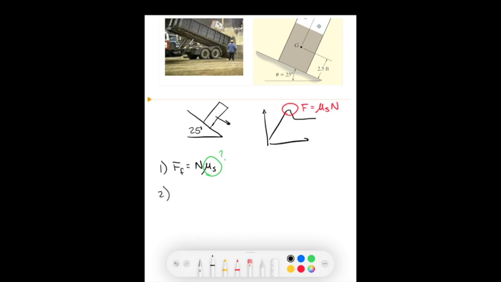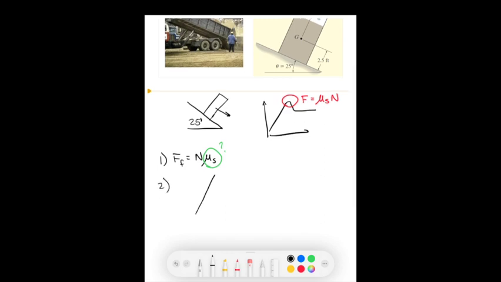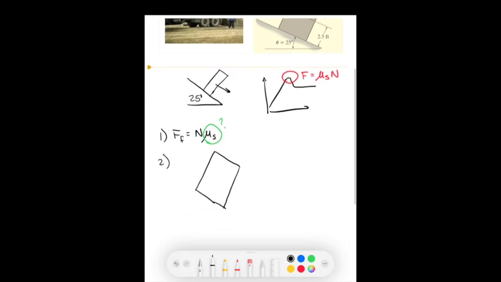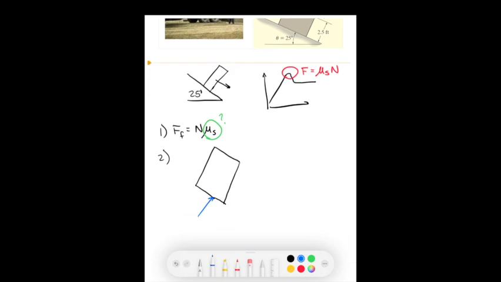So, let's draw our diagram. In my diagram, what we see is that first, this friction force is pointing to the left. And that's because the impending motion, in other words, the motion that the fridge is trying to slide, is to the right.